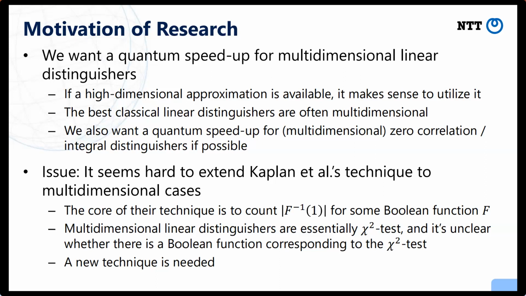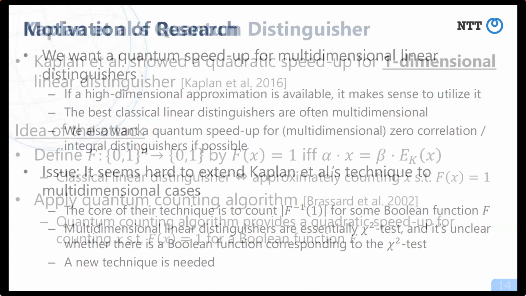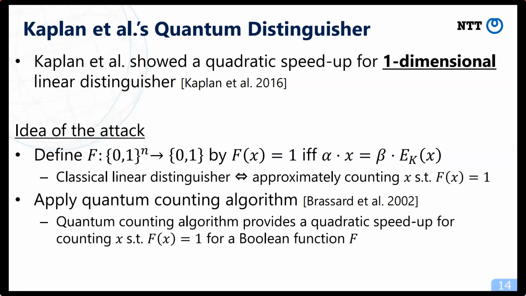But here, there is an issue. The issue is that it seems hard to extend Kaplan et al.'s technique to multi-dimensional cases. I mean, there already exists a one-dimensional quantum distinguisher by Kaplan et al., so it would be very natural to try to extend this technique to the multi-dimensional case.